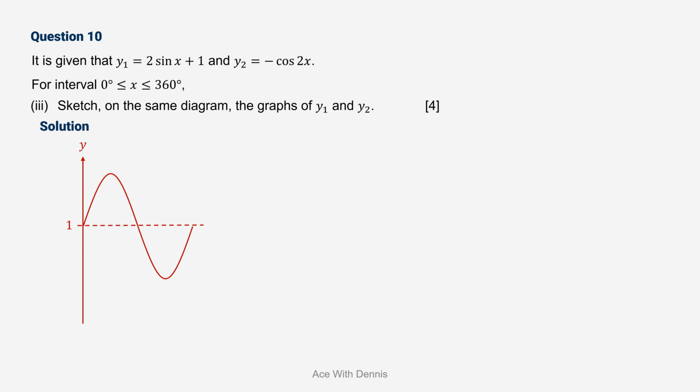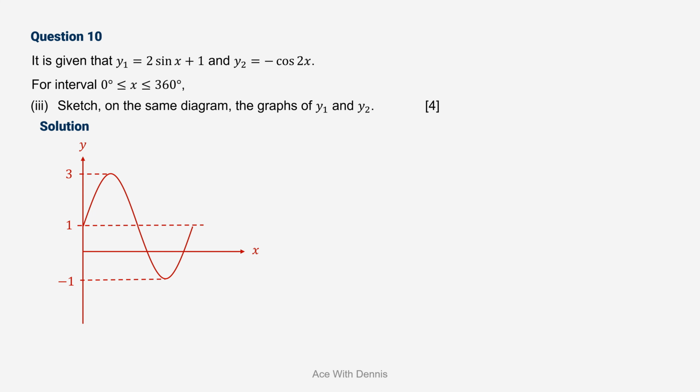The neutral position will be 1 because the c is 1. The amplitude is 2, therefore the maximum point will be 3 because 1 plus 2 equals 3. Similarly, the minimum point of y1 will be negative 1 because 1 minus 2 is negative 1. From here, we can draw the x-axis, which is in between negative 1 and 1.